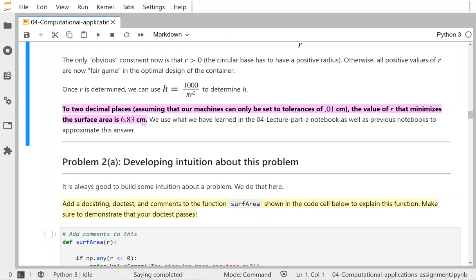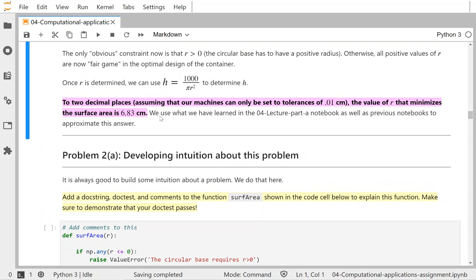So I'm giving you what the answer is in terms of the optimization. We use what we have learned in the Part A lecture notebook as well as the previous notebooks to approximate this answer. So this should be the value that is the root of the derivative.